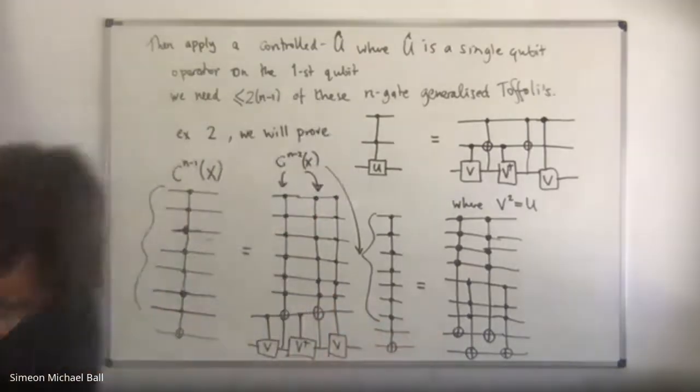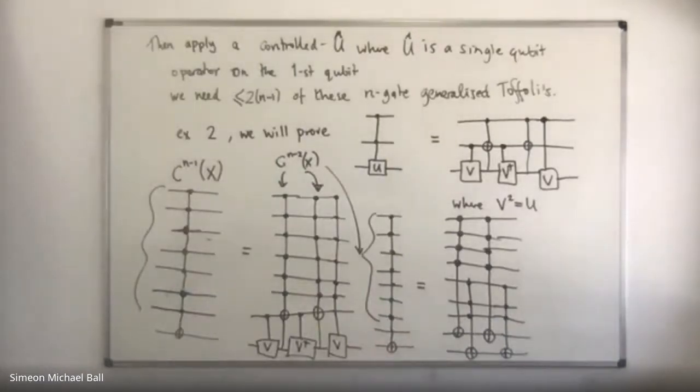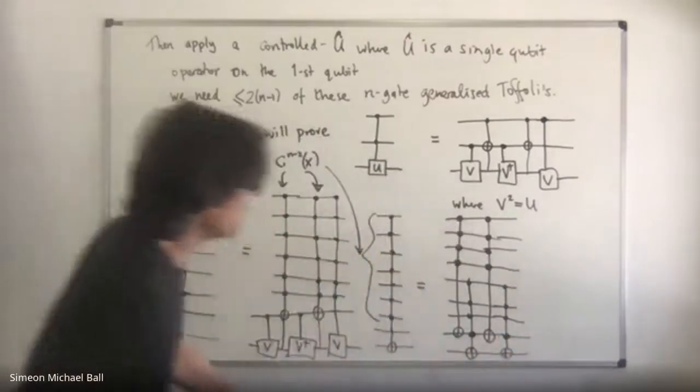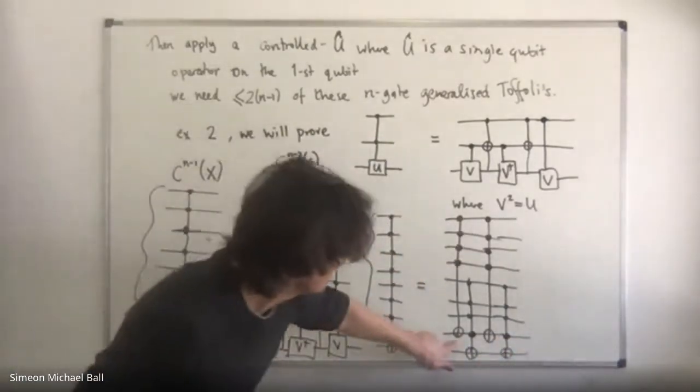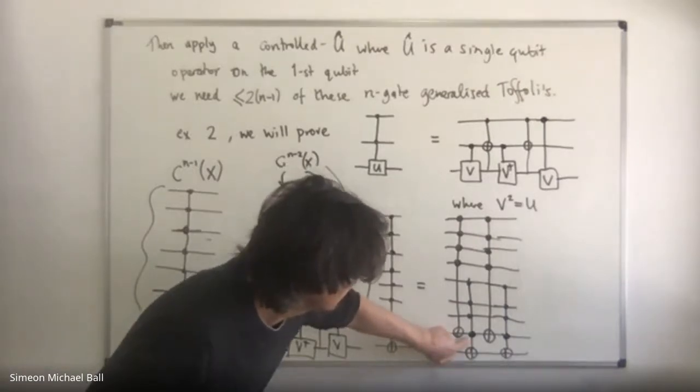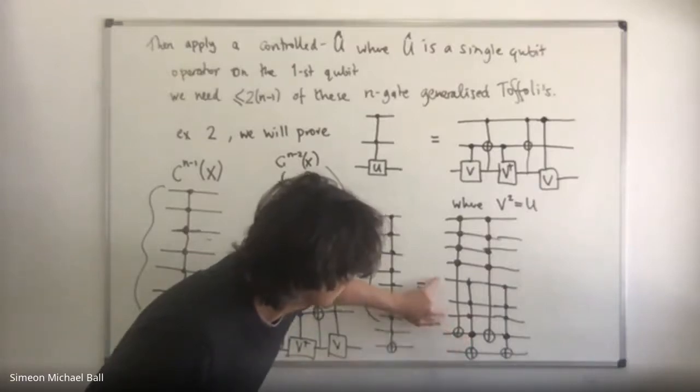Hold on, how does it work? I'm missing some dots here. Okay, so if everything is set, then this one will get flipped, which means that now these are all set.